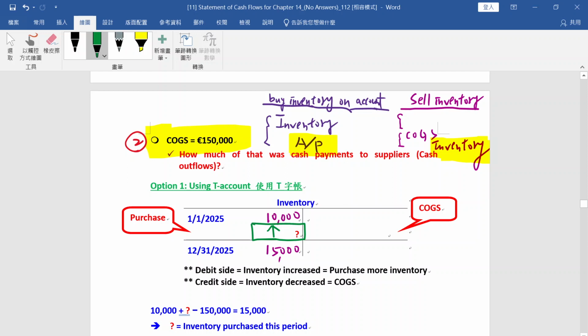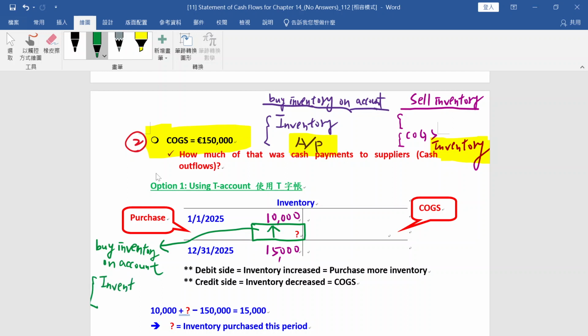You buy the inventory, right? But usually we buy inventory on account, which means you didn't pay the money. So what's the debit, credit?